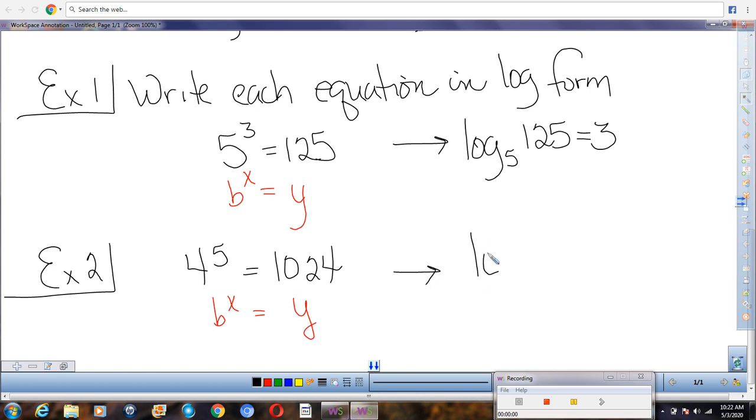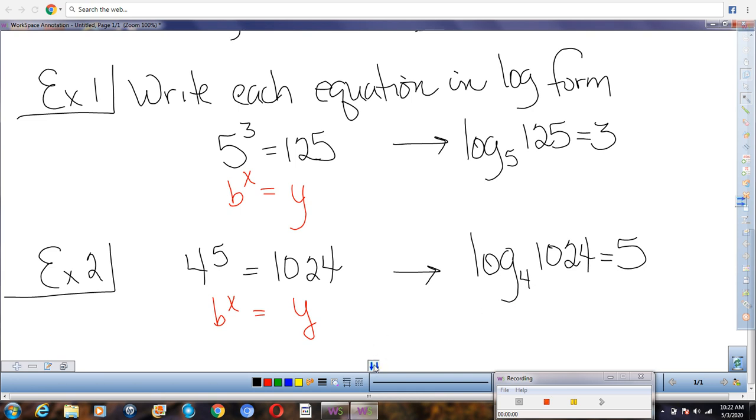We have log, the base to our exponent is 4. This equals 1,024, and our log will equal the exponent of 5. If you have your graphing calculator, you can type in log base 4, 1024, and this equals 5. You will find the log base in the math portion in your calculator.